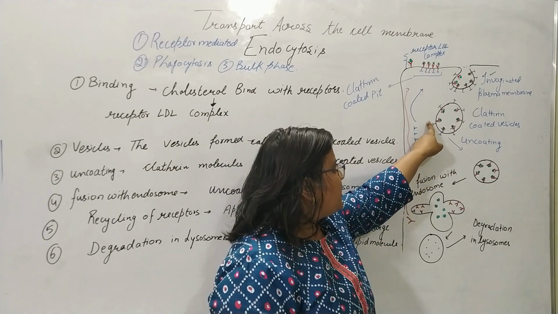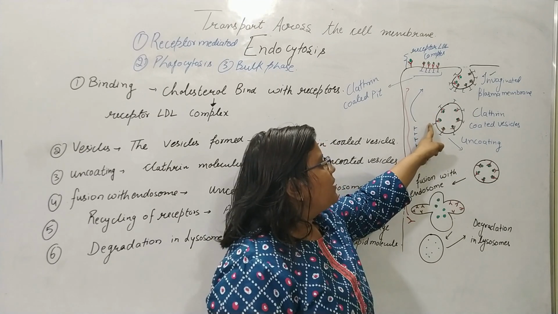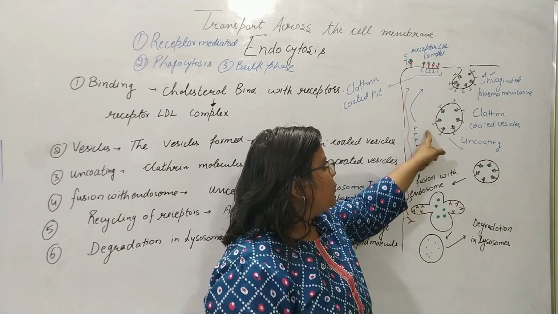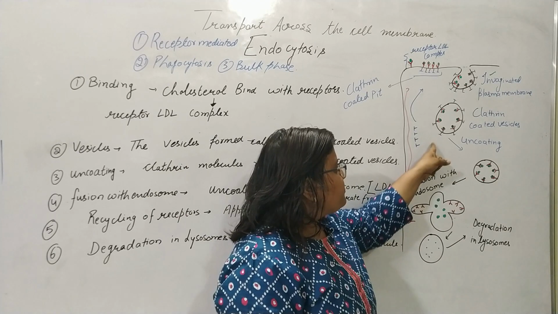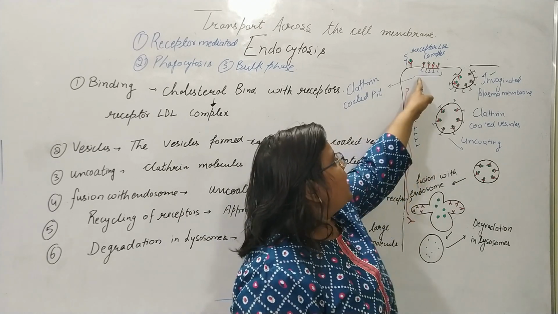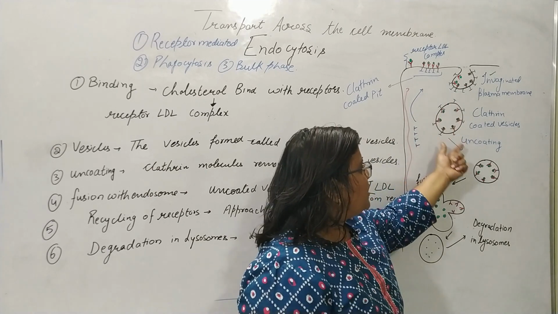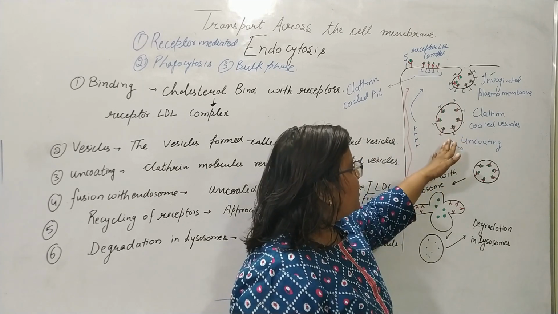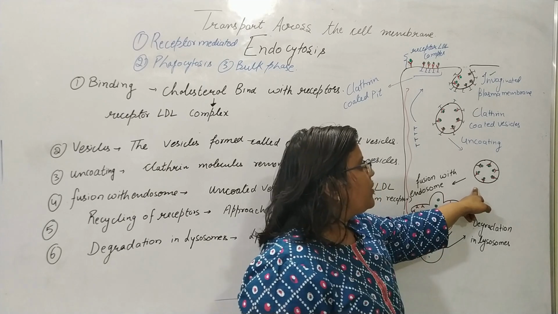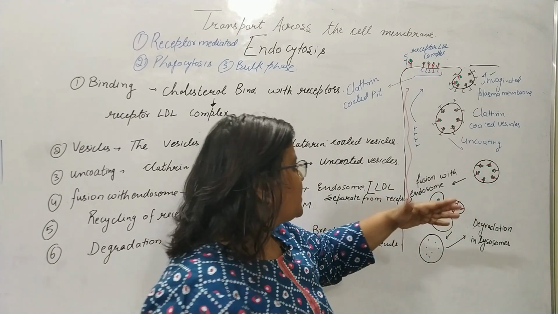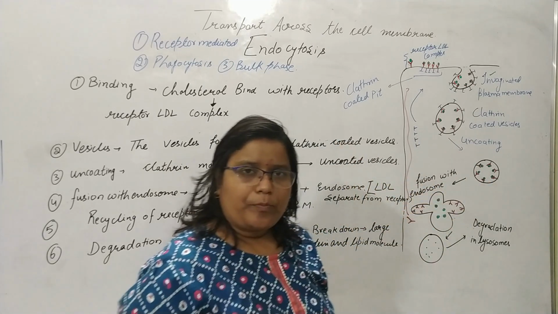Uncoating means the clathrin protein molecules are removed from the vesicle and move back towards the plasma membrane. The uncoated vesicle then fuses with the endosome.